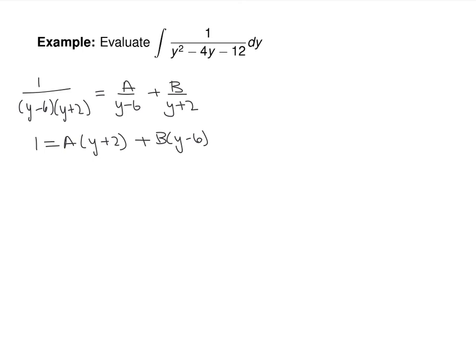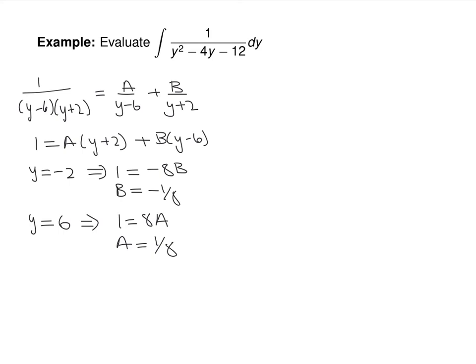And now if you input clever values, for example, if you input y equals negative 2, the term with the a goes away, and you get 1 equals negative 8b, b is negative 1/8. And if you input y equals 6, the term with the b goes away, and we have 1 equals 8a, and so a is positive 1/8.